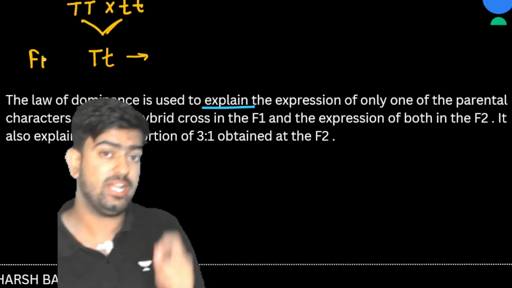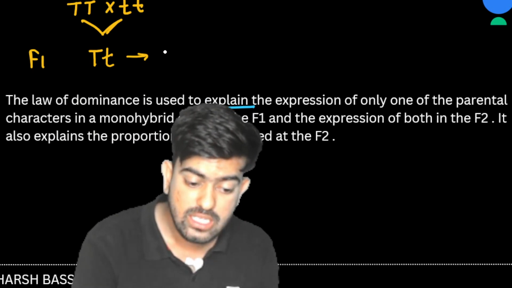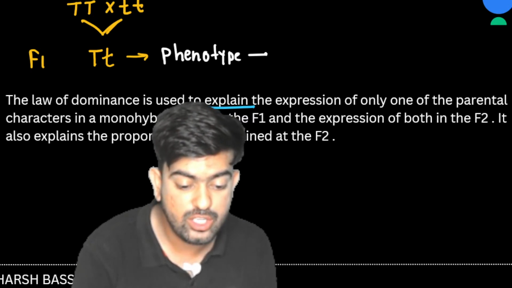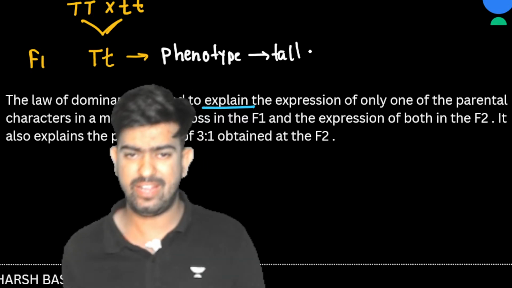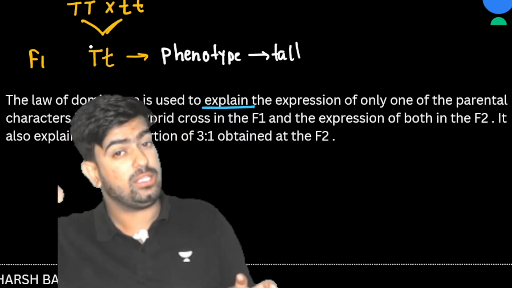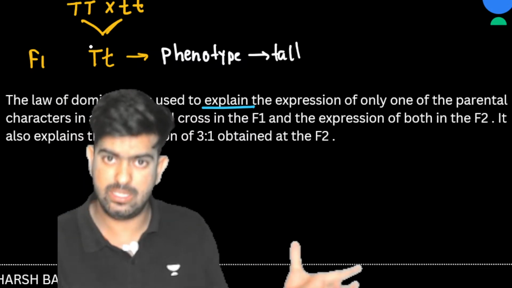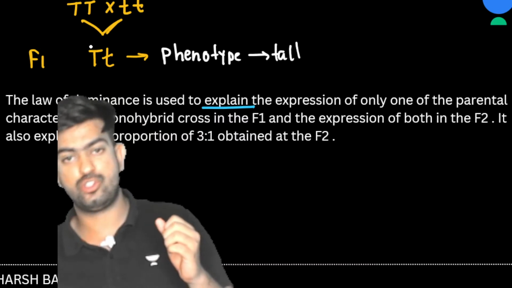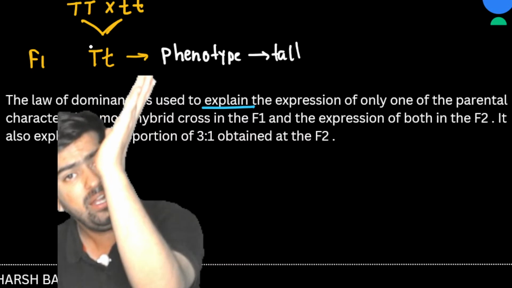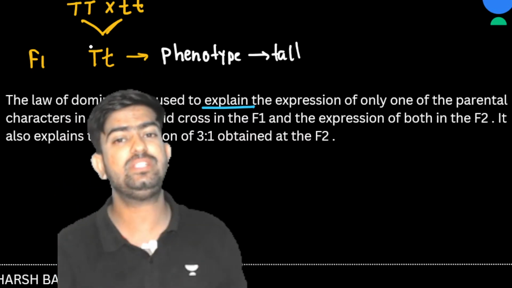Your answer will be that the plant was still tall. All the plants produced in the F1 generation were tall, right? That means the short plant is not able to show its character. If I have a short plant and a tall plant, and I make them reproduce and only tall plants get produced, can I say that the short plant is not able to express its character?